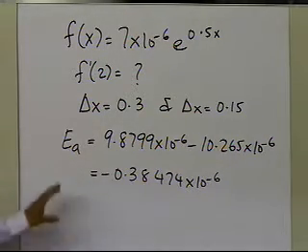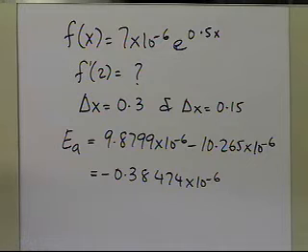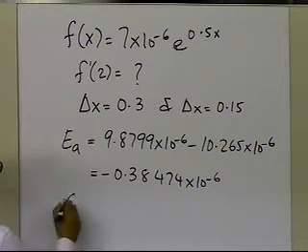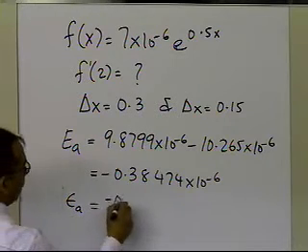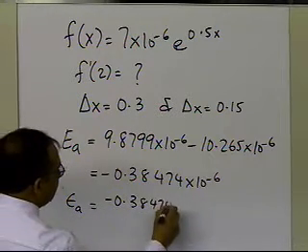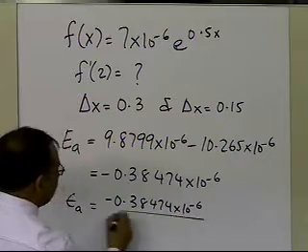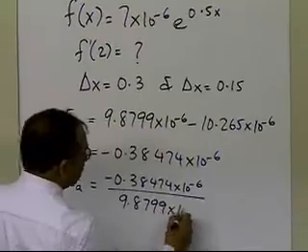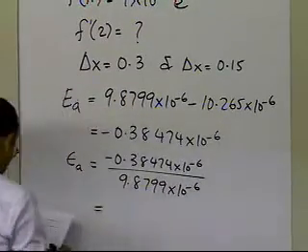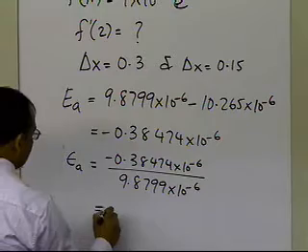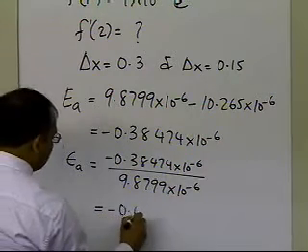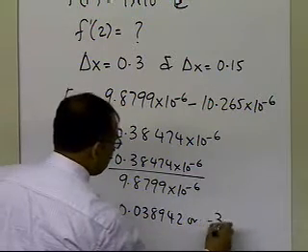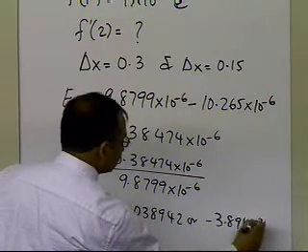So your approximate error is a very small quantity if you just look at it, but your relative error will turn out to be the approximate error divided by the current approximation, which is 9.8799 times 10 to the power minus 6, which you get as minus 0.038942, or minus 3.8942%.